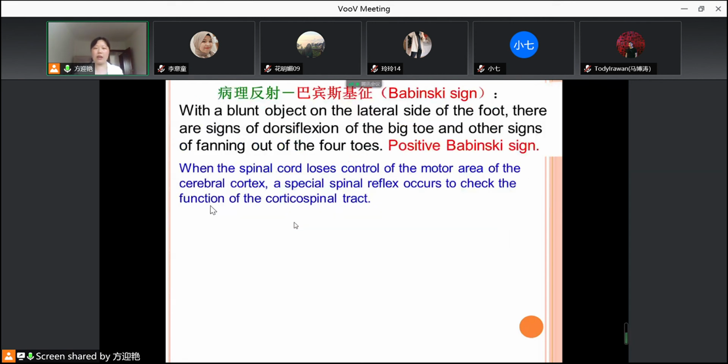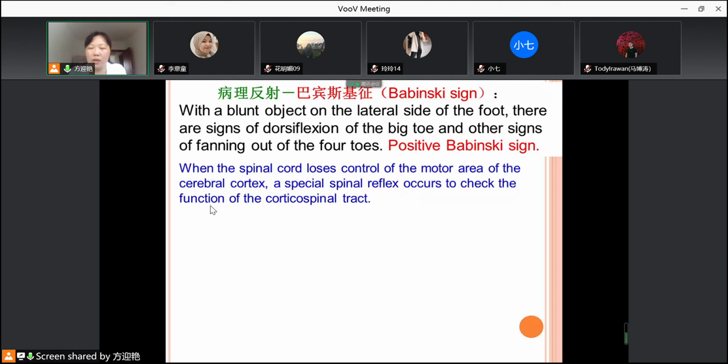In the clinic, as a doctor you should write the patient's disease history. The disease history also should include tests. There is a test that is normally negative, especially in the nervous system department.